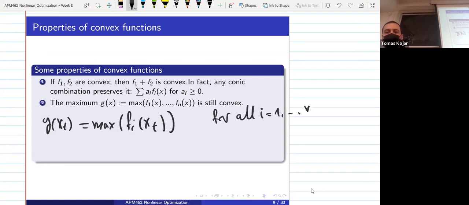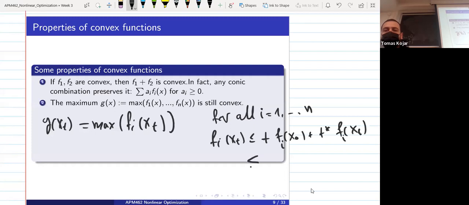We have that f of I x t is less than t f0 t star f of x1. So what shall I do next? There's one more step. Perfect. Okay, that's all. Good. Thank you.